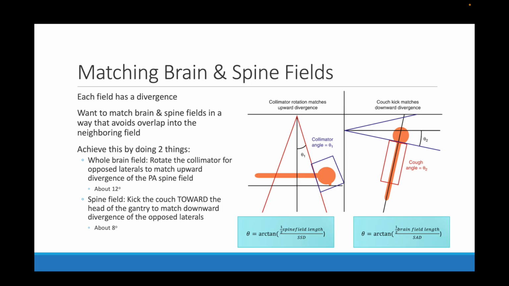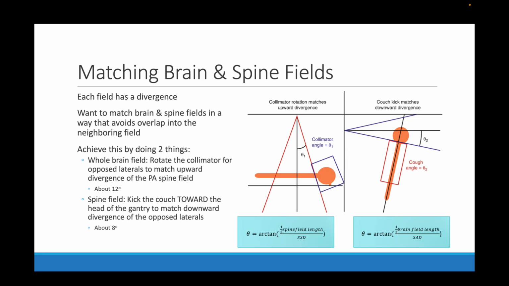So how do we do that? We can do 2 things. So when we're treating our whole brain field, rather than just slapping on 2 squares on either side of the patient, we can actually rotate the collimator so that the bottom edge of our brain field kind of parallels the upward divergence that's created from the PA field.